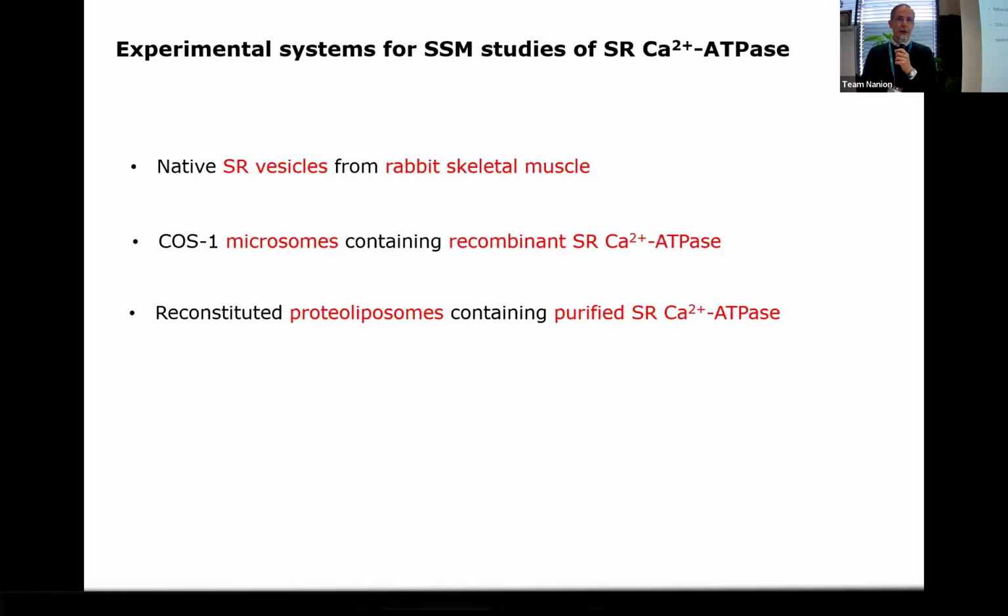These vesicles are a very convenient experimental system for structural and functional studies of the enzyme, and contain a high amount of the SERCA1a isoform, which accounts for about 50% of the total protein. We have also used microsomes derived from COS1 cells containing the recombinant enzyme, and proteoliposomes in which the purified Ca2+ ATPase was reconstituted.